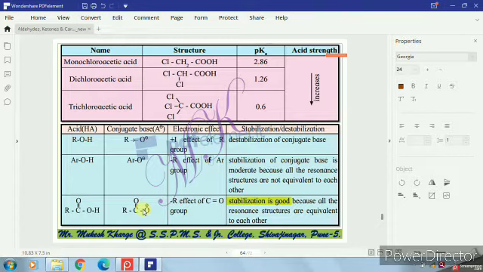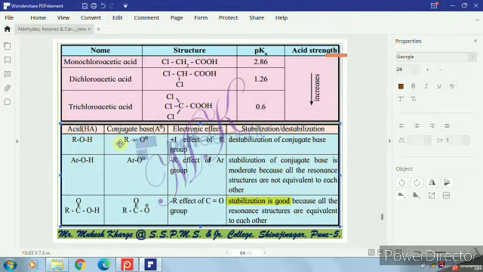If you observe the groups attached here, R means an alkyl group. It has an electron donating inductive effect, the plus I effect, and an electron donating group cannot balance the negative charge because it supplies electrons, it cannot withdraw this negative charge, so it destabilizes the conjugate base.